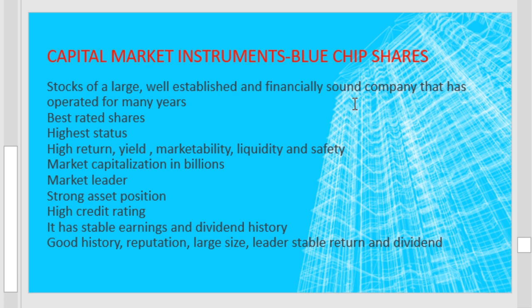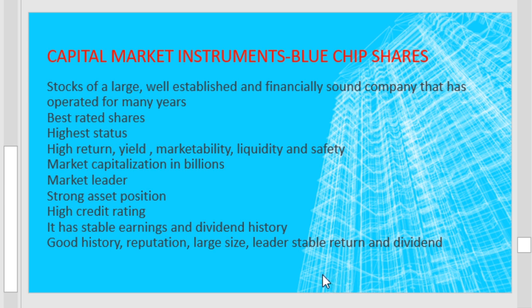It can be issued by companies that have market capitalization in billions, who are market leaders, who have a strong asset position, high credit rating, stable earnings and a stable dividend history, good reputation and large size.